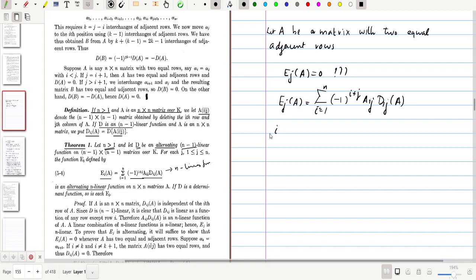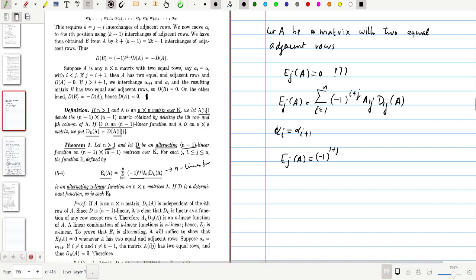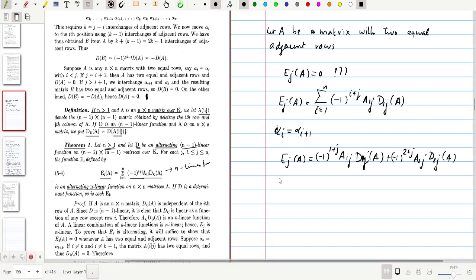If we say alpha I equals alpha I prime, we name those equal adjacent rows as the ith row and the i plus 1th row. So when you expand this, you get ej of a equal to the first term, minus 1 power 1 plus j, a1j, d1j of a, plus minus 1 power 2 plus j, a2j, d2j of a, plus etc.